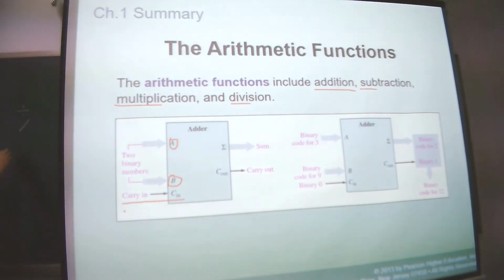Because if we want A equals and B equals, then 8 plus 9 is 17. 6 plus 7 plus 1 is 14. 2 plus 3 plus 1 is 6.